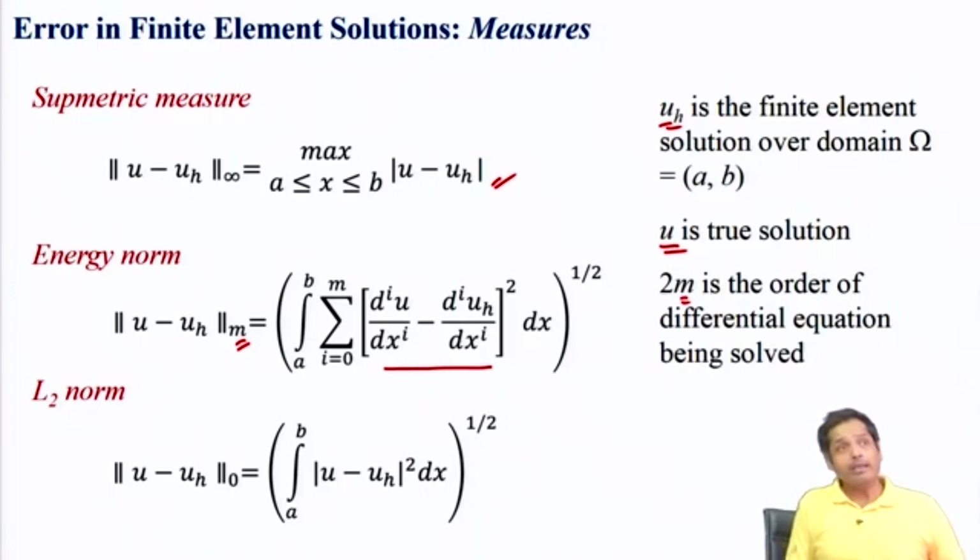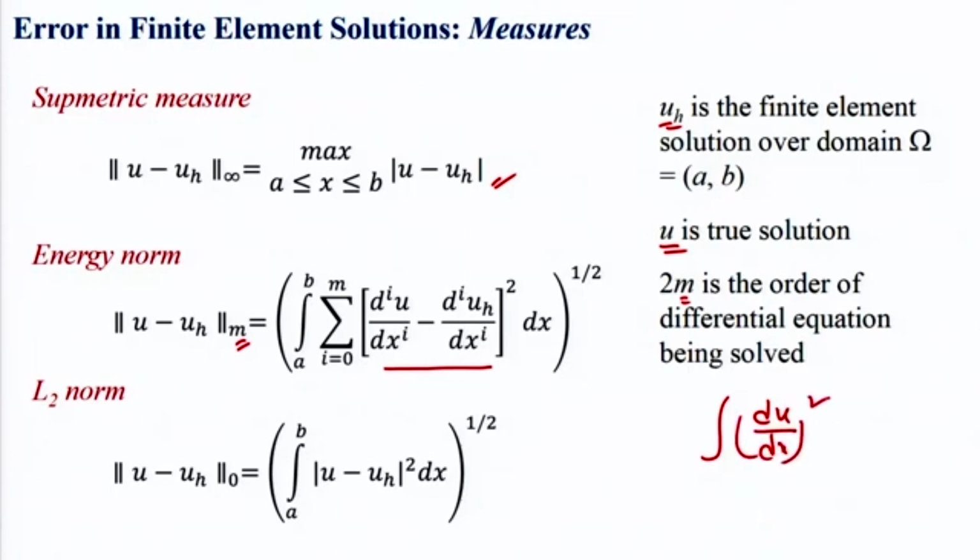Now, if you recall, we have the du dx whole square term in a quadratic functional d omega, and if you put it in solid mechanics context, you will see that this is a measure of energy. Okay, that's why it is called energy norm. And another measure is the L2 norm, which is defined as this. The square of the difference gives you the L2 norm.